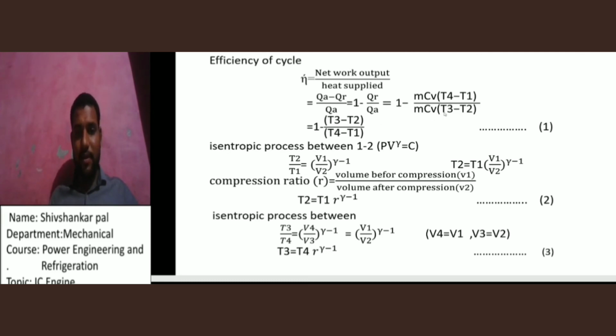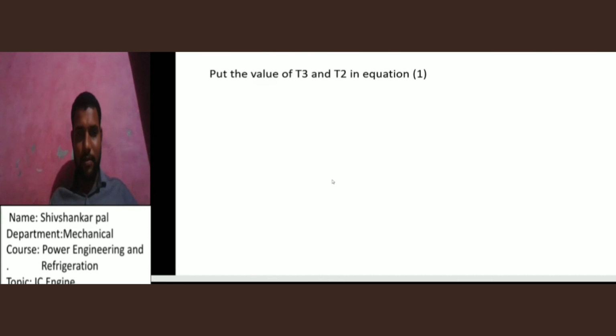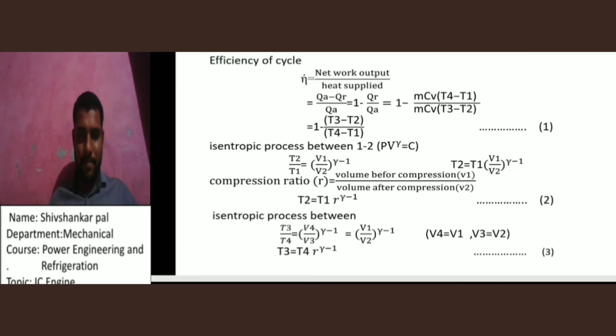Now putting T3 equal to T4 into r to the power gamma minus 1, and T2 equal to T1 into r to the power gamma minus 1.